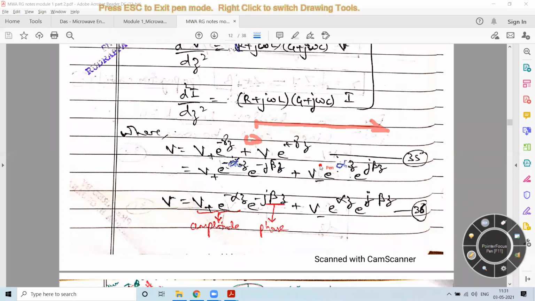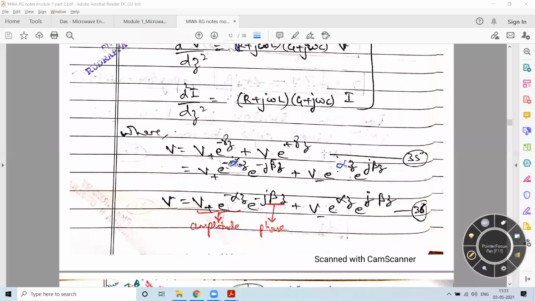Now one parameter to note down is that in some books they do the analysis in the same way, but they take the opposite direction. So just be careful when you are dealing with that, because the signs change.